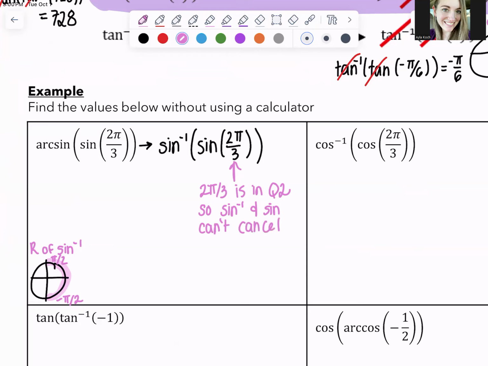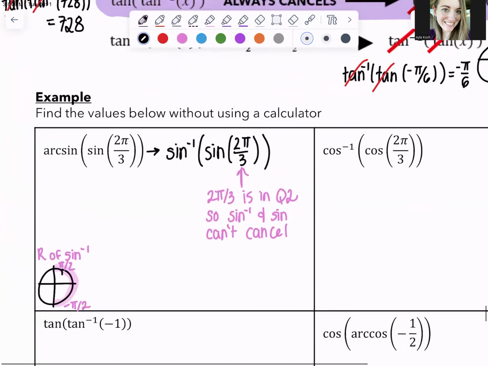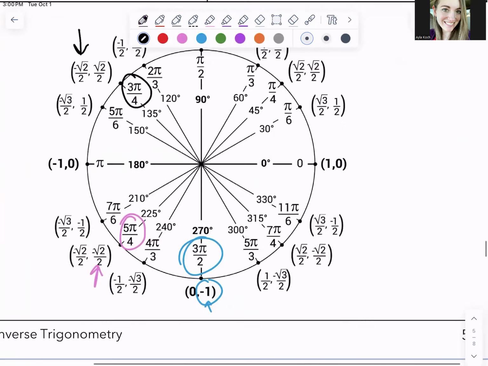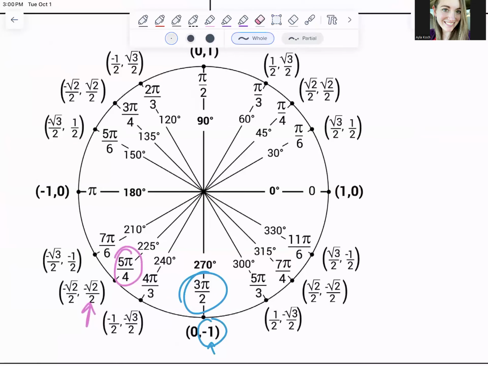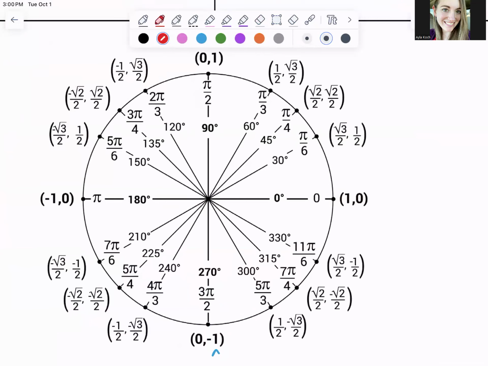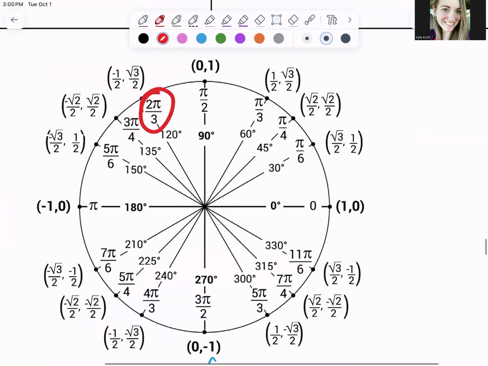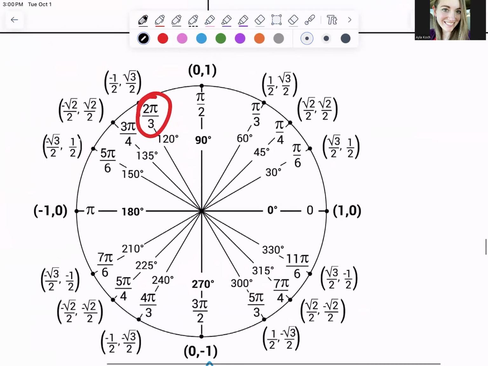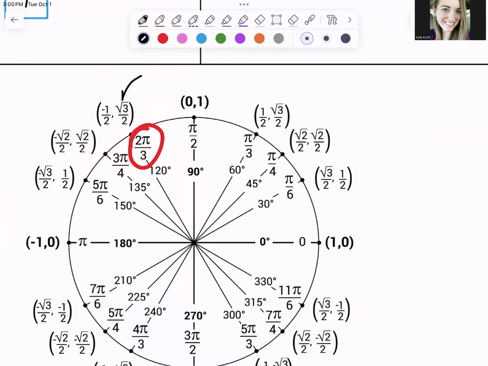There are a few ways you can work your way through it. For me, I'll scroll and delete these things here. So here's 2 pi over 3, and we're looking at sine of 2 pi over 3, which is square root of 3 over 2.